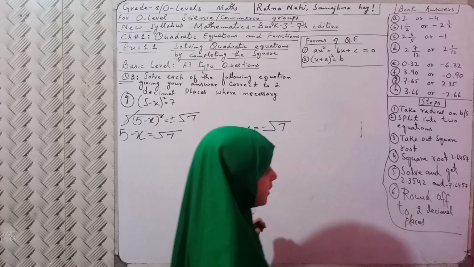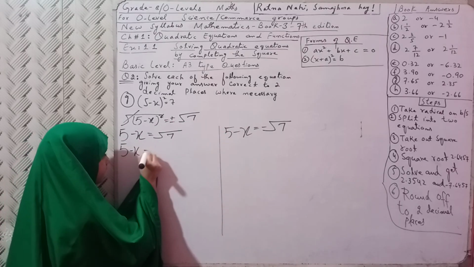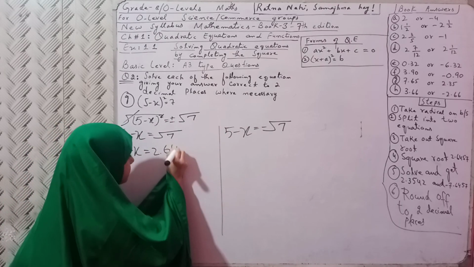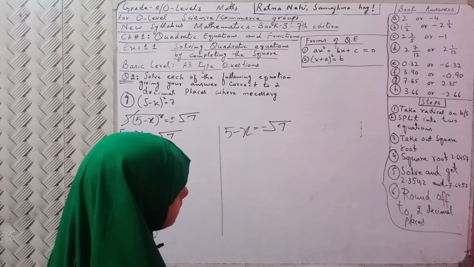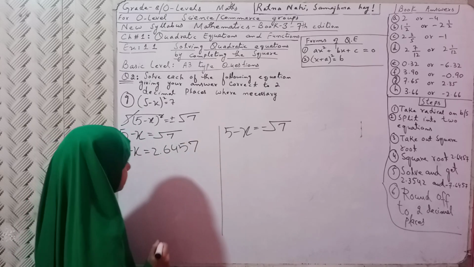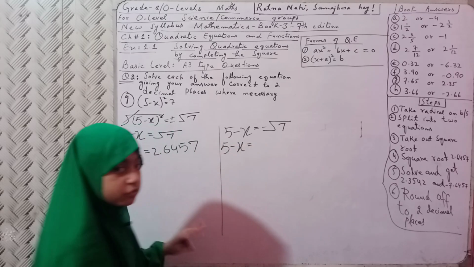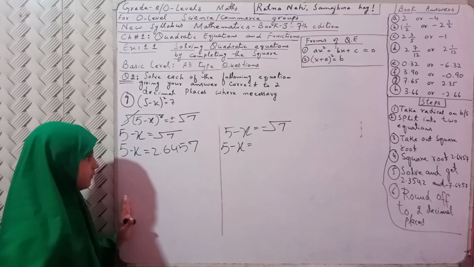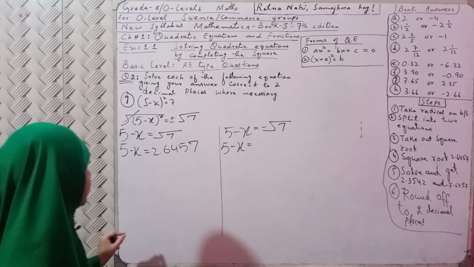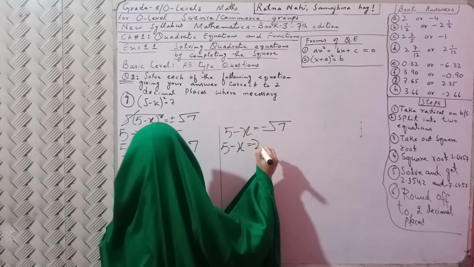Square root of 7 is 2.6457. So 5 minus x is equal to 2.6457, and 5 minus x is equal to minus 2.6457. I am doing both at one time.